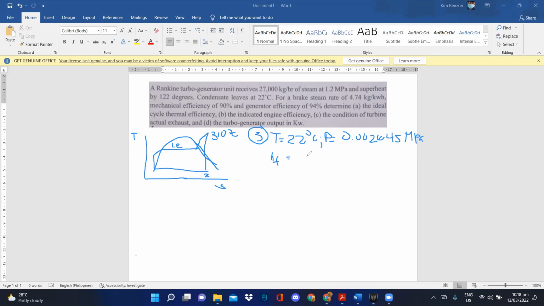HF at 22 degrees Celsius is 92.33. And your VF is 0.00102 cubic meter per kilogram.